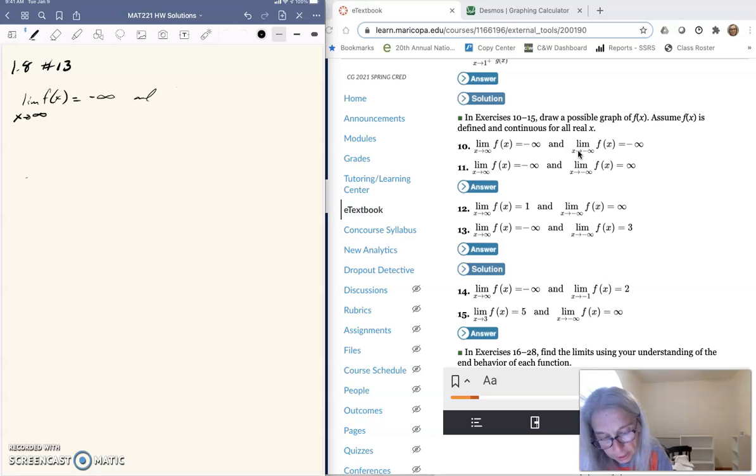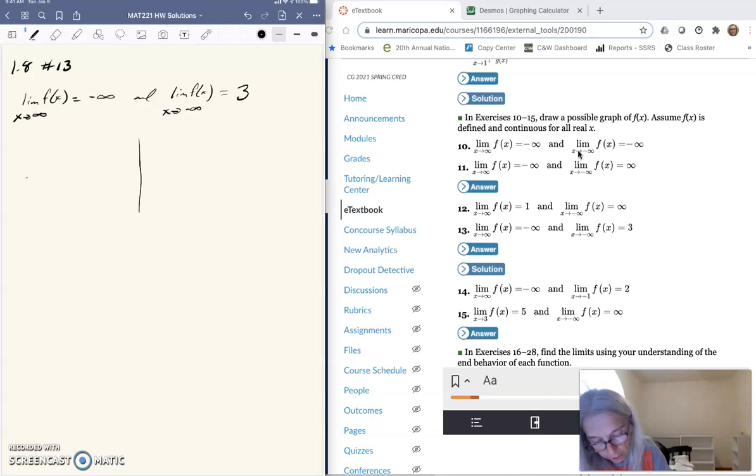But this time, the limit of the function as x approaches negative infinity is actually a value. It's the value 3. So as x gets larger and larger in the negative direction, the function is approaching 3.